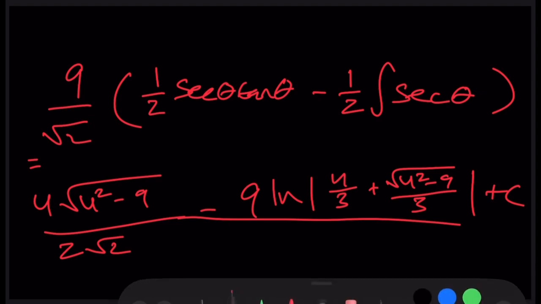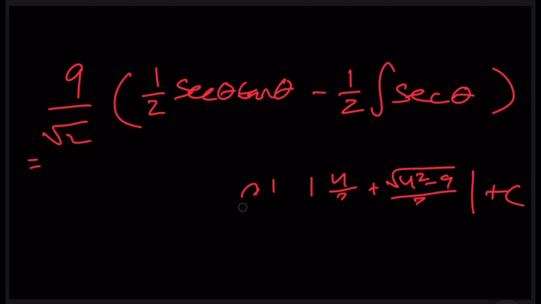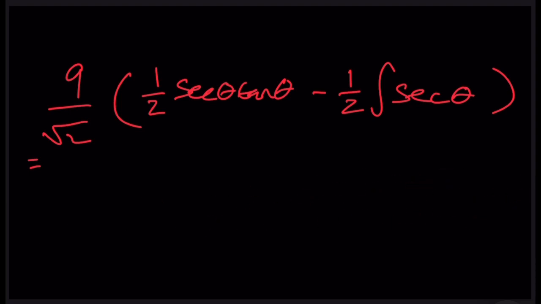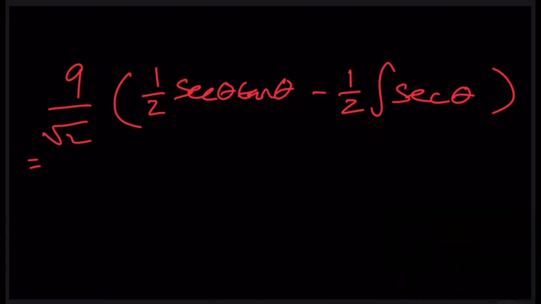Now we're just going to plug everything back in terms of x. As we said, u was root 2 times the whole value of x minus 1. And so our final answer is going to be, let's see, plug everything back in.